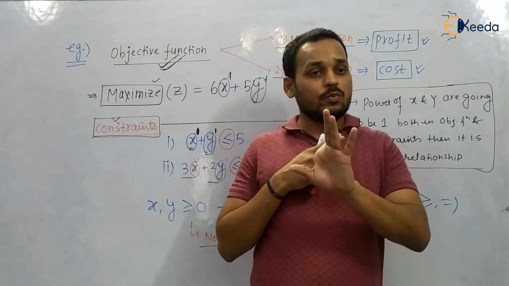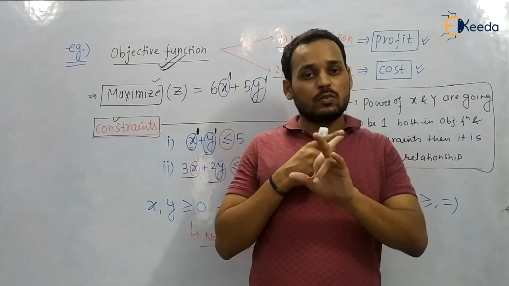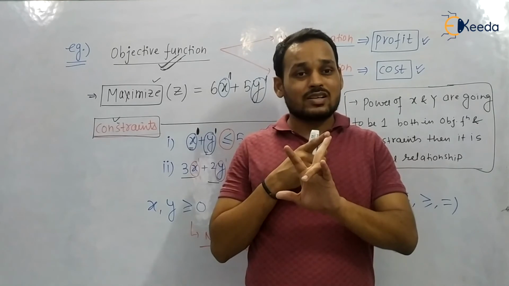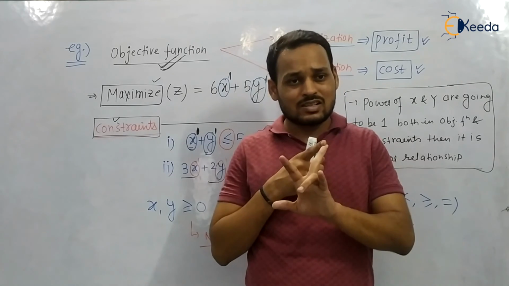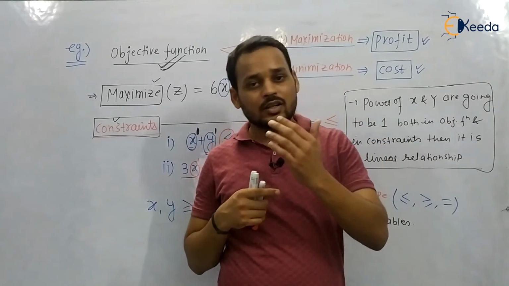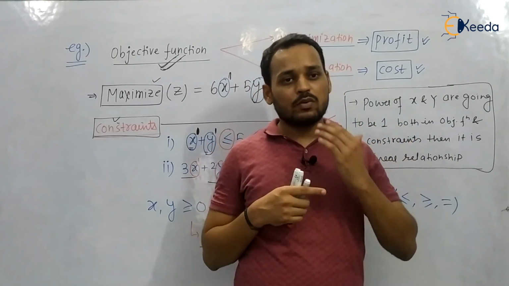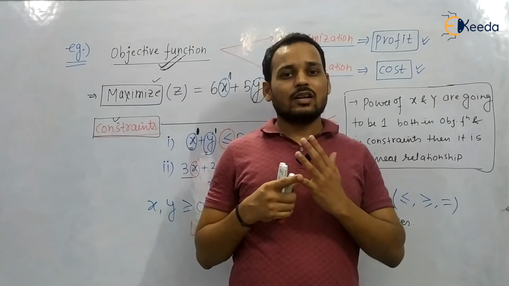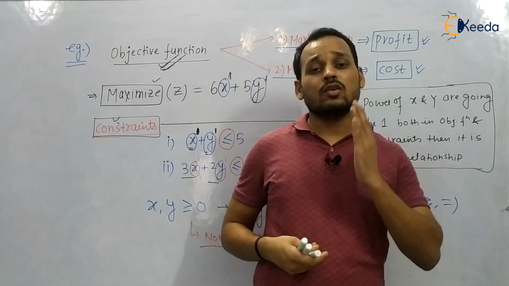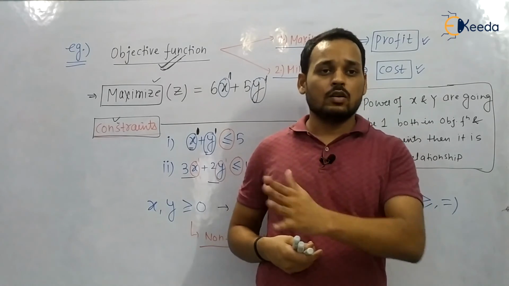It will consist of an objective function, which can be of either maximization or minimization type. It will consist of some constraints, or you can say restrictions, which can be of less than or equal to type, greater than or equal to type, or mixed type. And the last one will be decision variables, in terms of x and y.